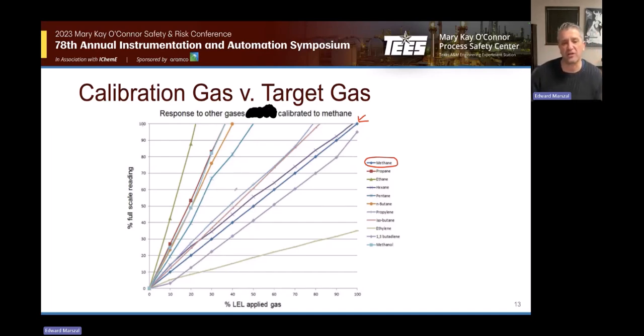And then you're going to see that different gases are going to give you different values. In some cases, they're roughly linear.